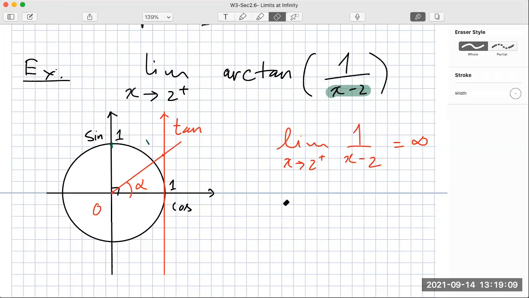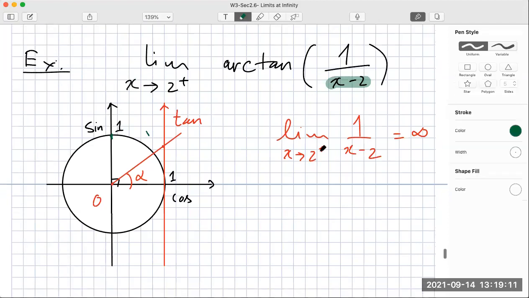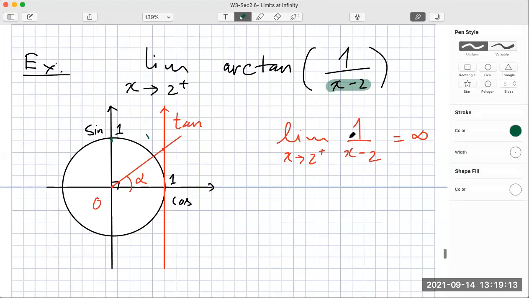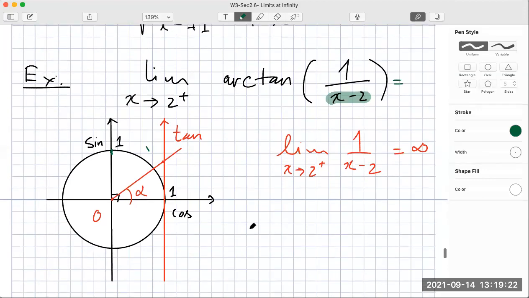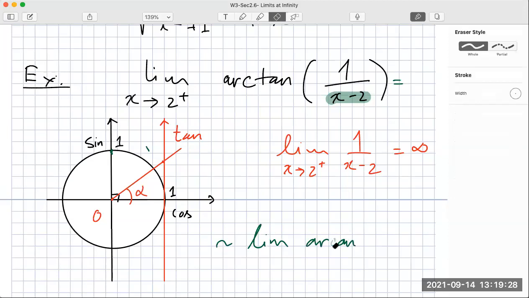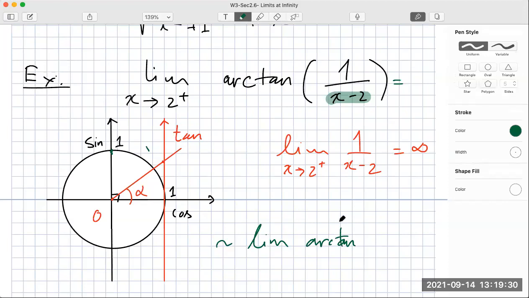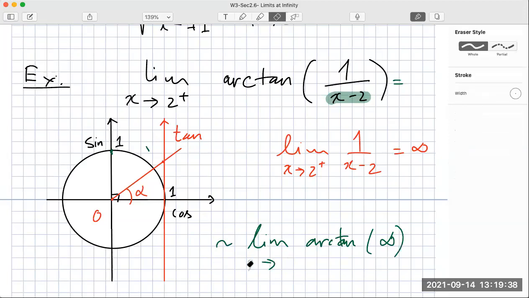Question? Okay, then we know that the limit of this guy when x approaches 2 from the right-hand side will be somehow similar to the limit of arctan of, let's say, infinity, if we use a different notation.